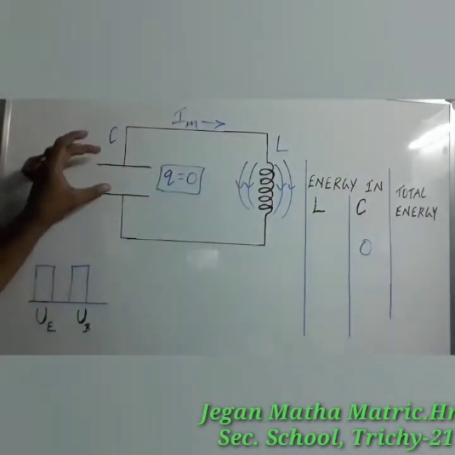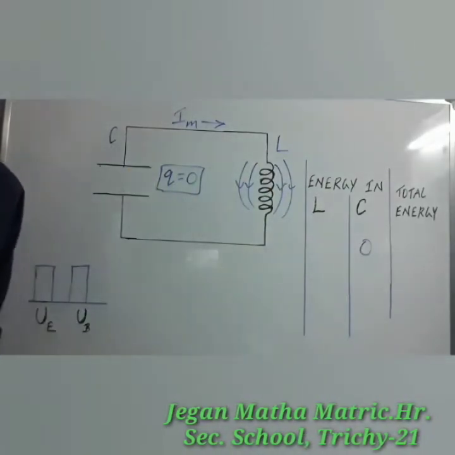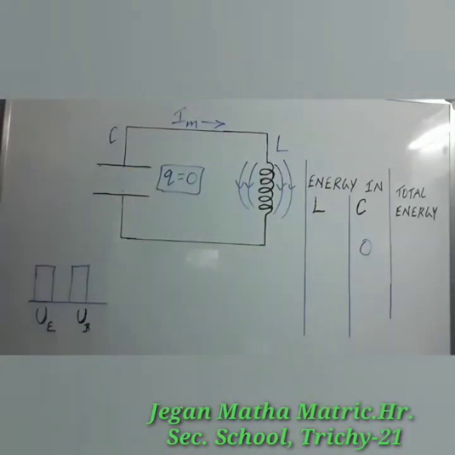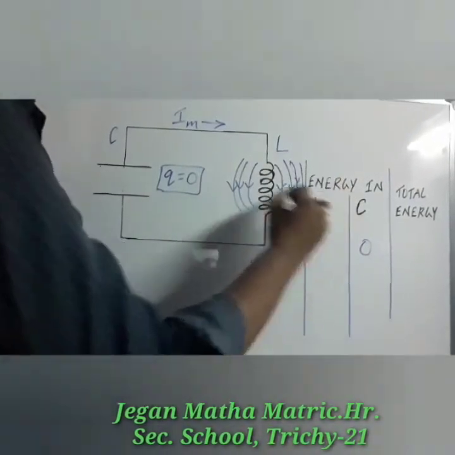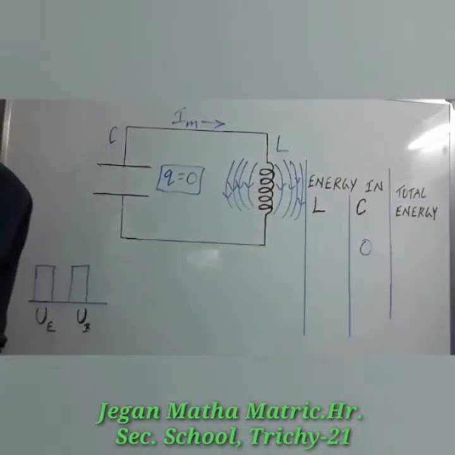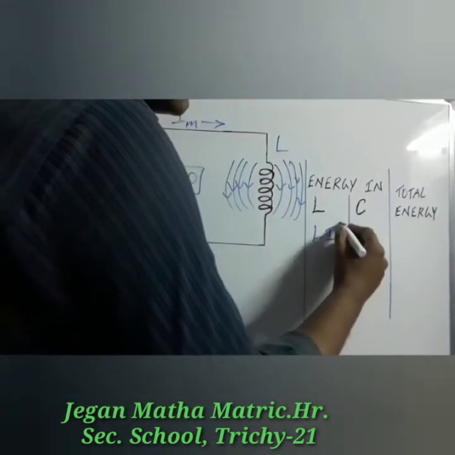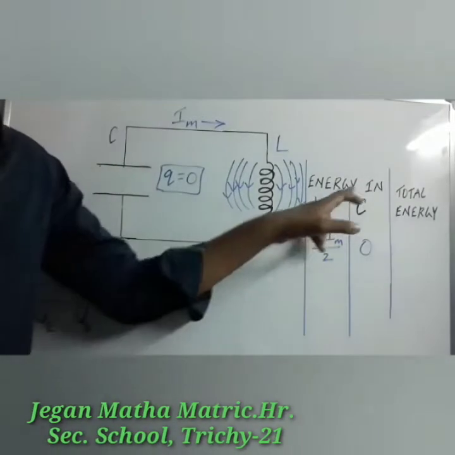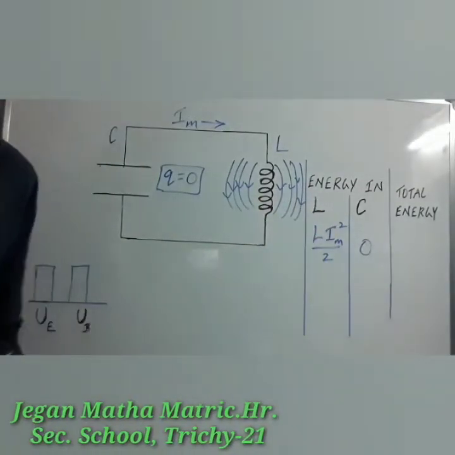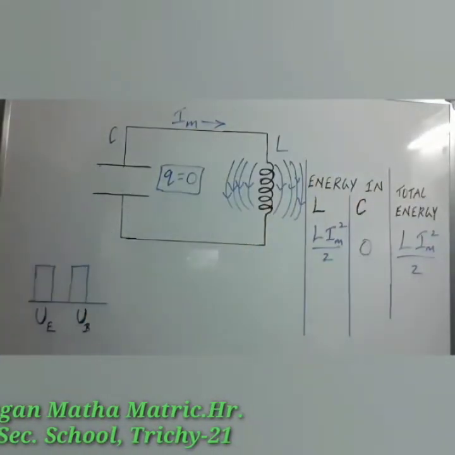The energy which is lost in the capacitor is fully transferred to the magnetic field of the inductor, so its energy will be maximum. This maximum energy is given by L Im squared by 2. So we can say the total energy is fully magnetic.